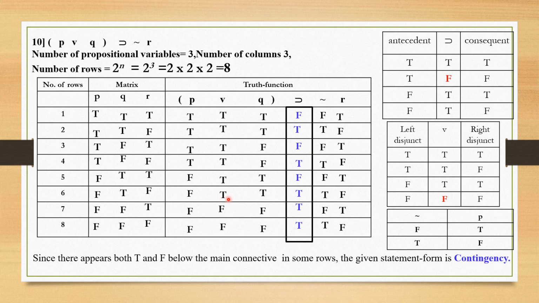Where the antecedent and consequent both are true, then true. Where the antecedent and consequent are both false, then true. Where the antecedent is false and the consequent true, then also true. Highlight the main connective. Since we have both T and F below the main connective, in some rows, the given statement form is a contingency.